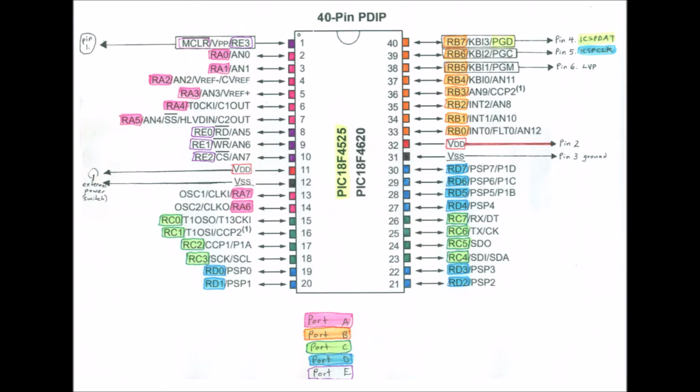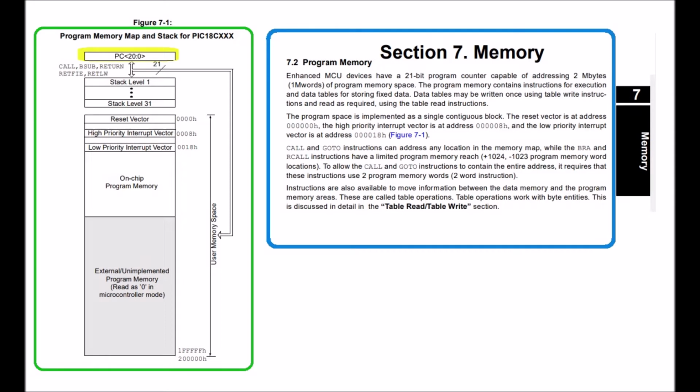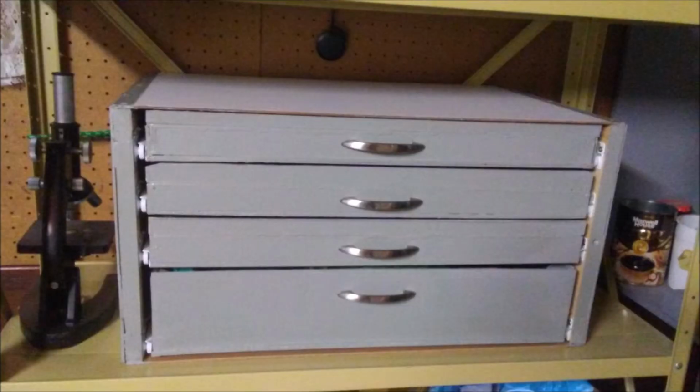From what I read, as Microchip developed PIC chips over time, the family of chips became more sophisticated. Likewise, the program counter in the various PIC families also increased in size. The PIC 12Fs had a 12-bit program counter. The 16Fs have a 14-bit program counter, and I have read that in the 16F family, the 14-bit program counter actually became a limitation, especially when it came to page switching, a subject I still need to learn more about.